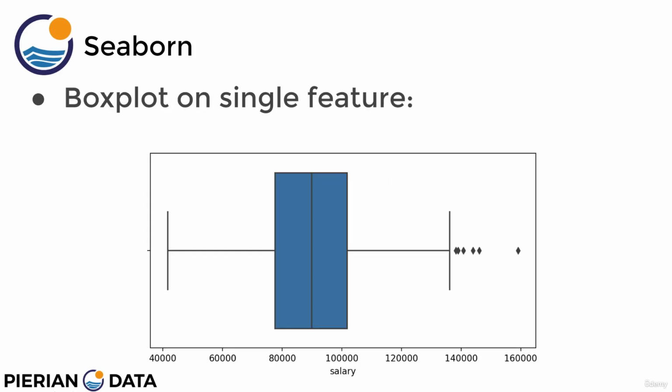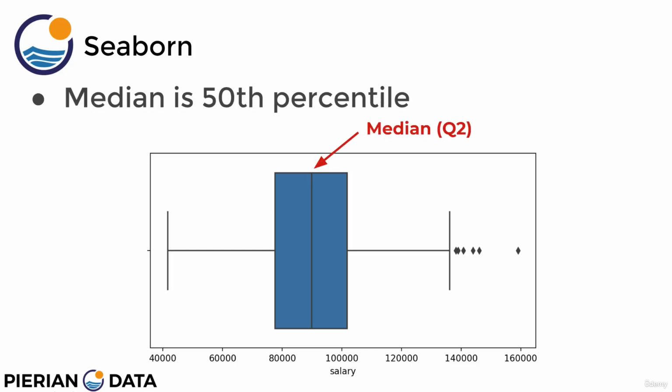So here we can see the box plot on a single feature. So we took all the data points for salary and then visualized them with a box plot. So let's go through each of the visual characteristics here. In the middle, we see we have the box itself. And keep in mind, box plots are sometimes called box and whisker plots because we can see we have these whiskers that extend outside of the box. But focusing within that box, we see a line.